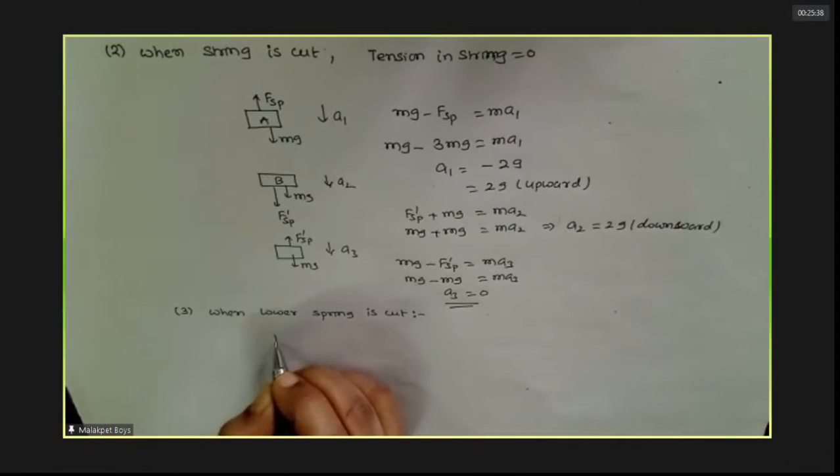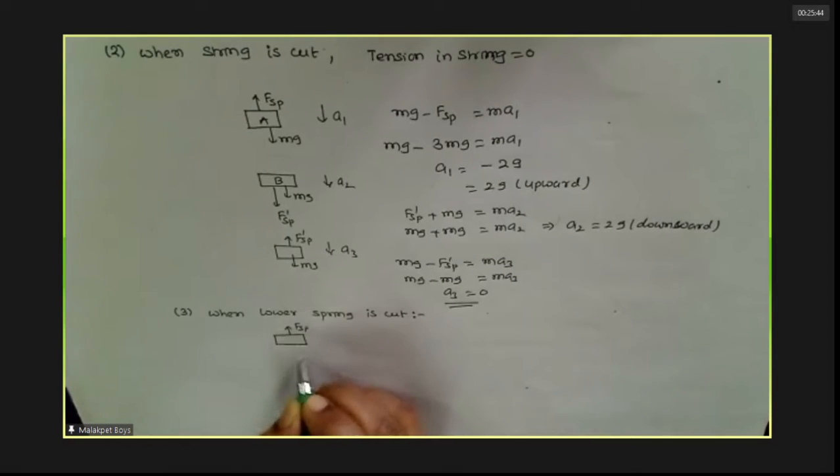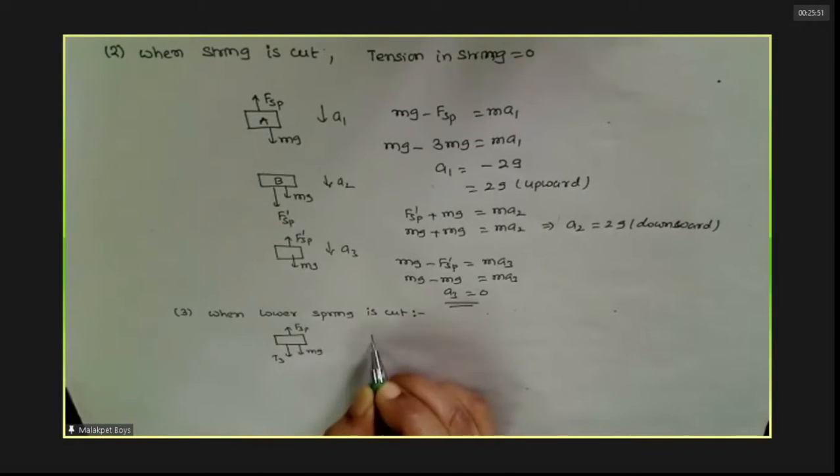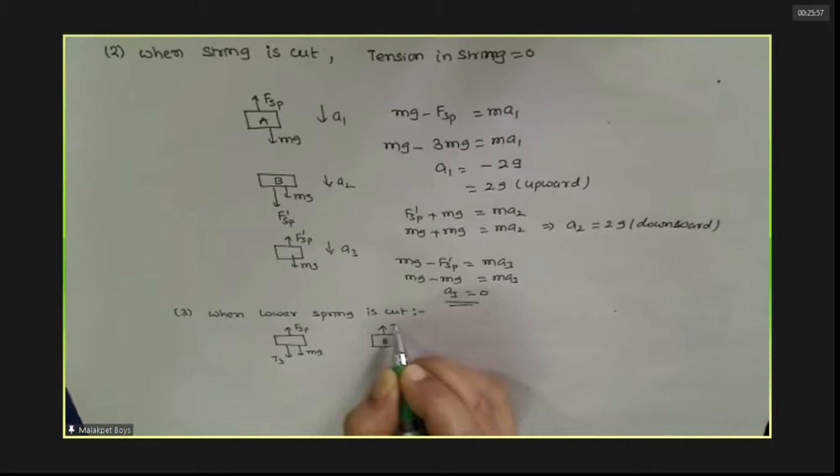Then again draw the free body diagram for all the three. This is a spring force which won't change. This is mg. This is tension, which will again change. This is nothing but B. This is T3.